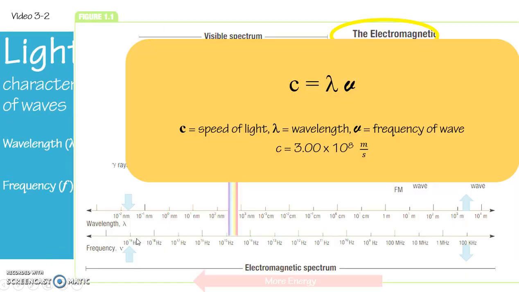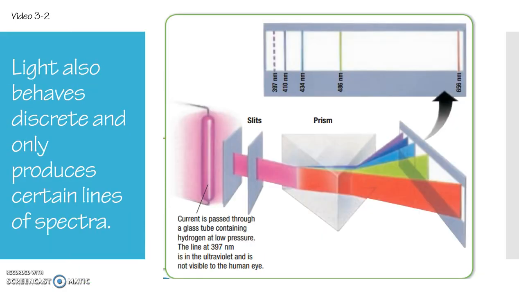Light, as we were just talking about, travels in waves. But scientists were finding some other things, and we're going to be doing this tomorrow, where we will look at different gases in tubes. These gases will produce a certain color, but when we look in a spectrometer, we see that they are at very specific wavelengths.